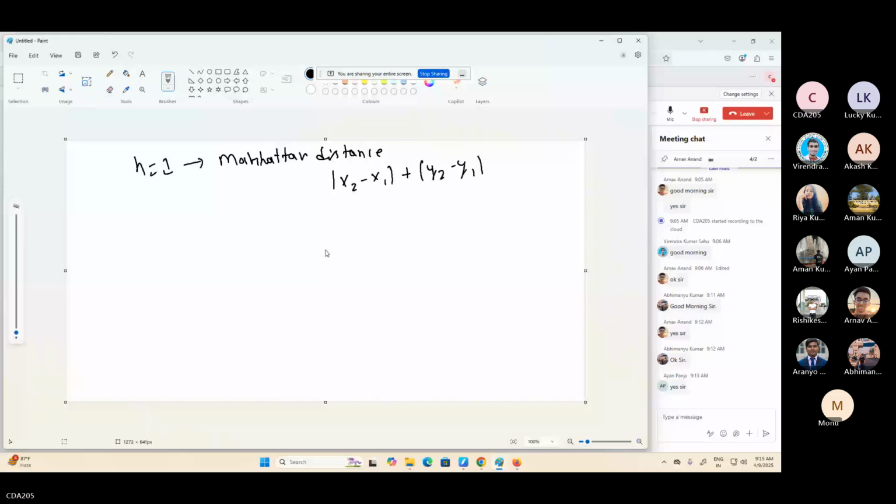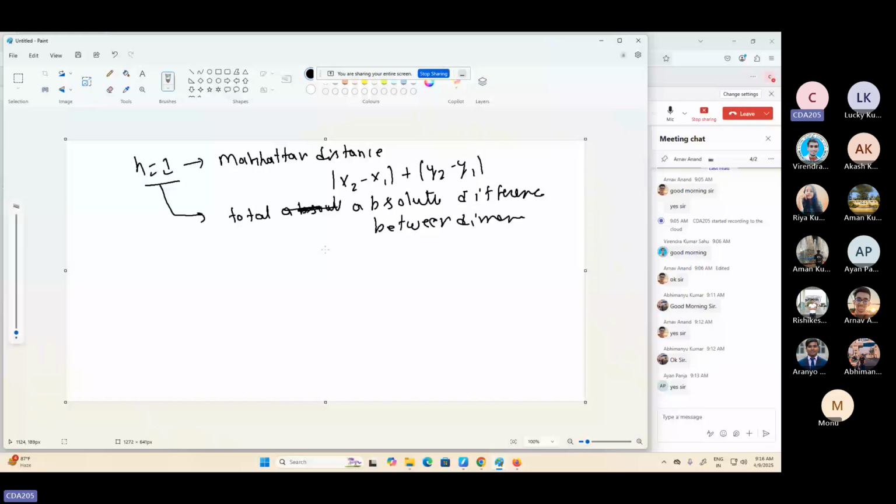So what it is telling when h is equal to 1, we are calculating the total absolute difference between dimensions. This is only what we are calculating.